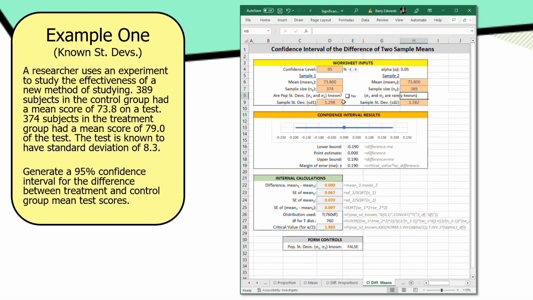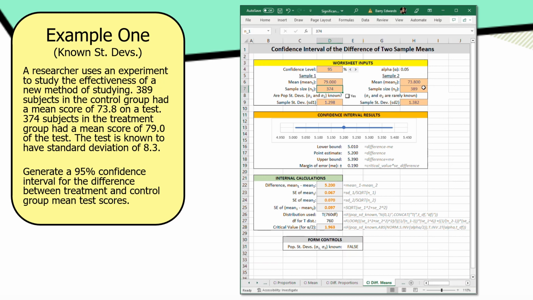Now look, looks like I got this wrong. So in the treatment group, let me read this again. 374 subjects in the treatment group had a mean score of 79. Okay, it says 79 is their score, and there were 374 subjects in the treatment group. In the control group, 73.8, sample size of 389. Just make sure I had those numbers right.